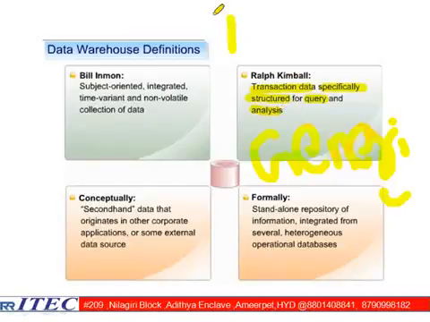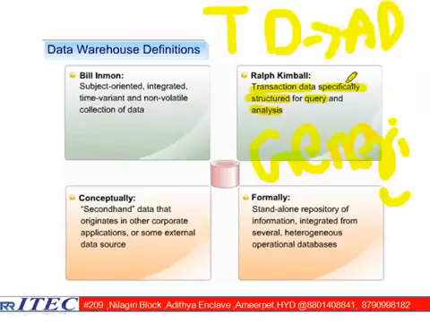Simply what he is saying is, we learned two types of data are available. One is what, sir? Transactional data. Second is what, sir? Analytical data. We are going to convert this transactional data into analytical data in such a way that analytical data is useful to analyze our business. So this is understood by everyone. That is the reason it is called the generic definition, and the other is called the technical definition.